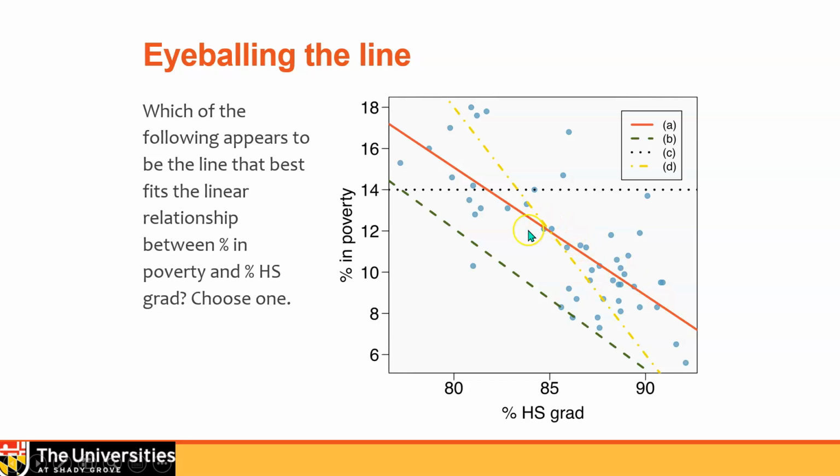But if you didn't have that previous experience, you might think the yellow line might be a better fit. It could be. Clearly the black dotted line is not, and clearly the green line really doesn't give us a sense of the data. But we know from previous experience that it's line A because we saw that when we were looking at the regression equation.